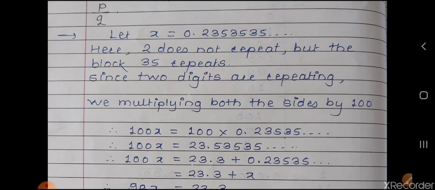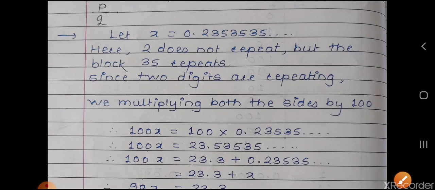Therefore we write this number, 23.53535, in the form of a plus x. A means any number and x means the value of x, that is 0.2353535. If we subtract x from 23.53535, we get 23.3.